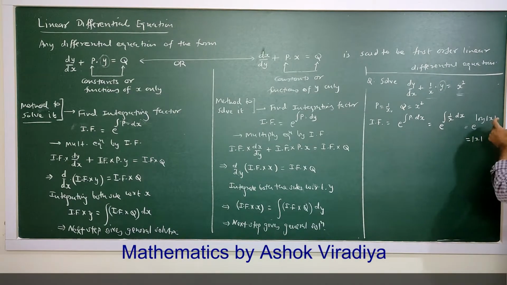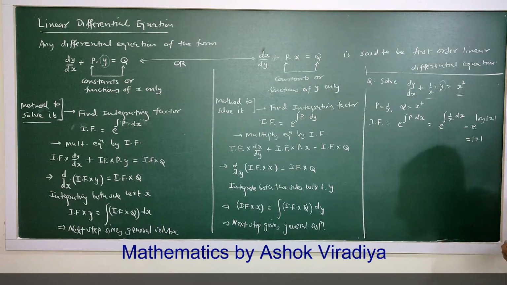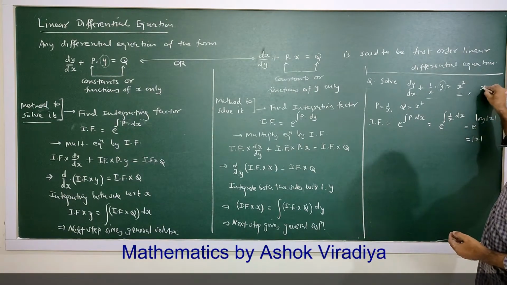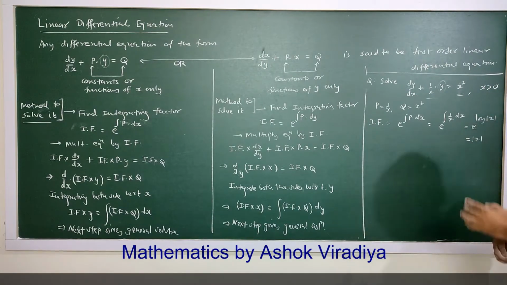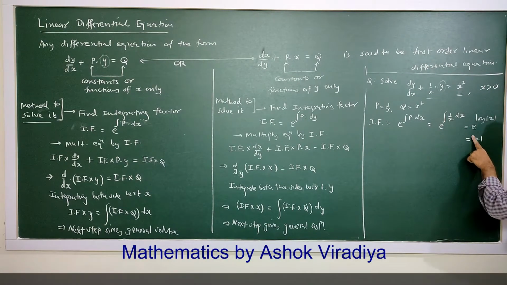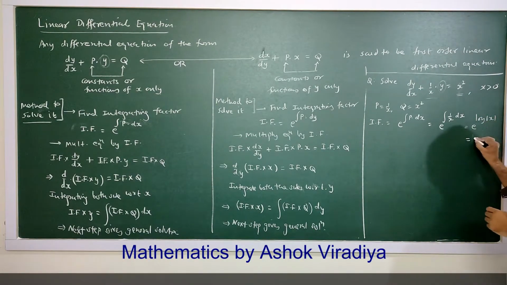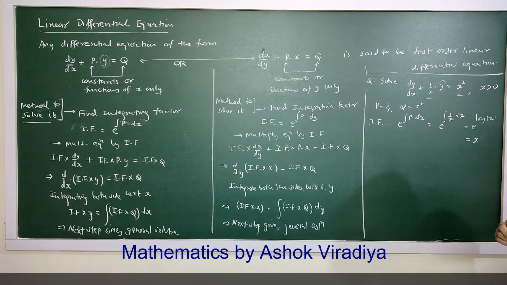E raised to log mod x is modulus x, just as e raised to log y is y. In this question, if the condition is x more than 0, then modulus x will be equal to x. If no condition is given here, then also considering that part as positive, we will keep x.